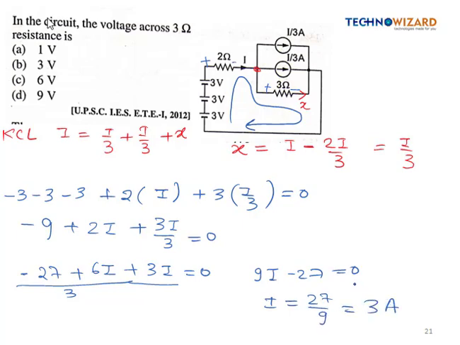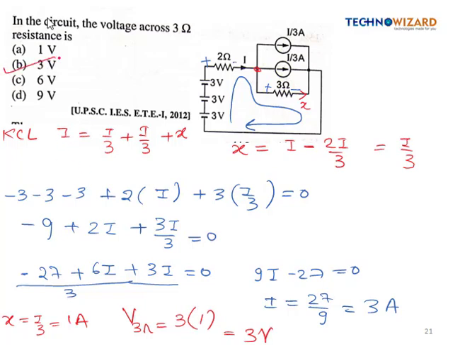Here we have to find out the voltage across 3 ohm, right? So current through 3 ohm resistance is X. So X is simply I by 3, which is 1 ampere. So voltage drop across 3 ohm is equal to resistance value 3 times current 1 ampere, so it is coming as 3 volt. So option B is correct.